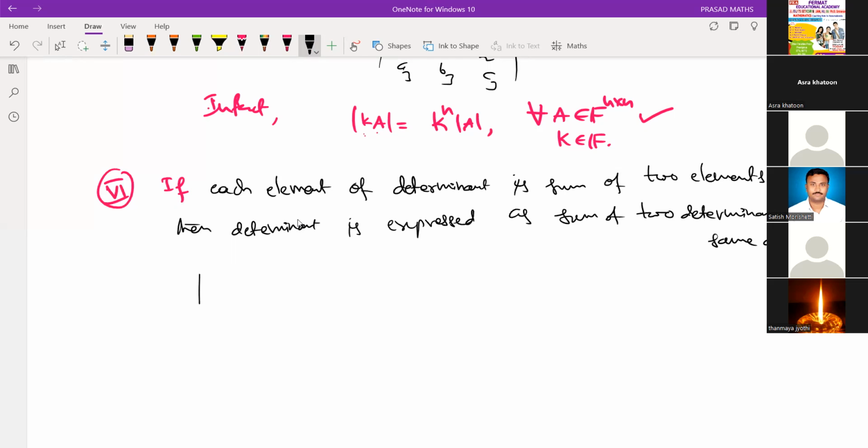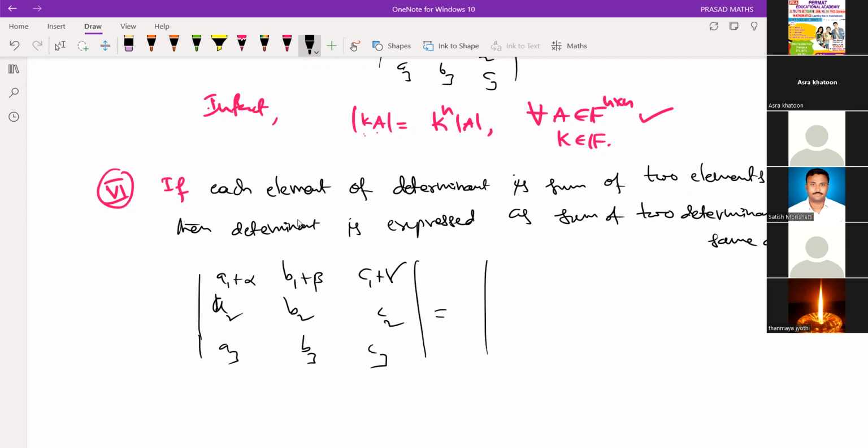That means, suppose you have a determinant like this: a1 plus alpha, b1 plus beta, c1 plus gamma, a2, b2, c2 kept as it is, a3, b3, c3.